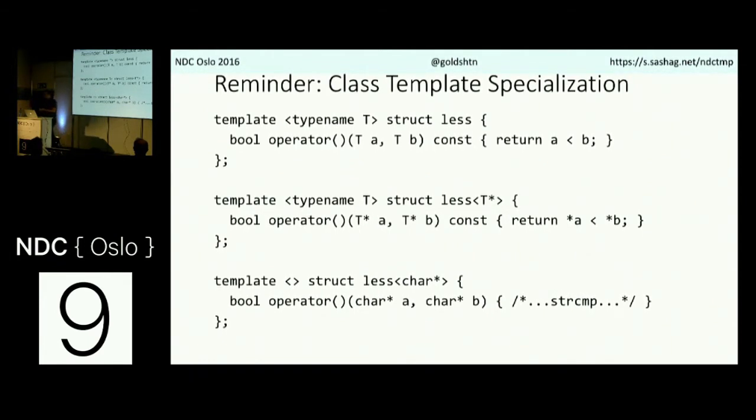We also have a specialization for pointers here, which compares not the pointers, but compares the targets, right, the pointees, the things the pointers are pointing to. And finally, we have a complete explicit specialization for char pointer, where we use strcmp. So we're not comparing the chars, we're not comparing the pointers either, we are comparing the whole string until the null terminator. So that's just the tool we're going to be using, and hopefully you're all familiar with that, but it never hurts to just see a quick example.